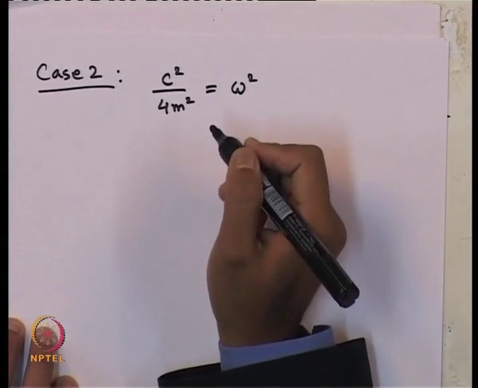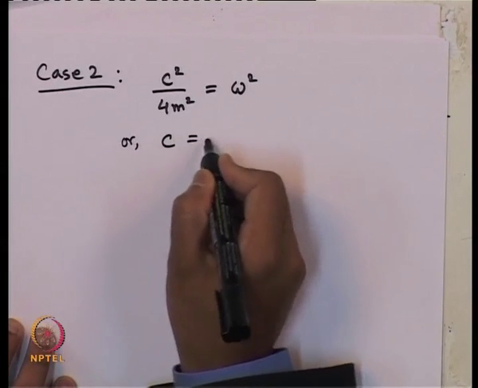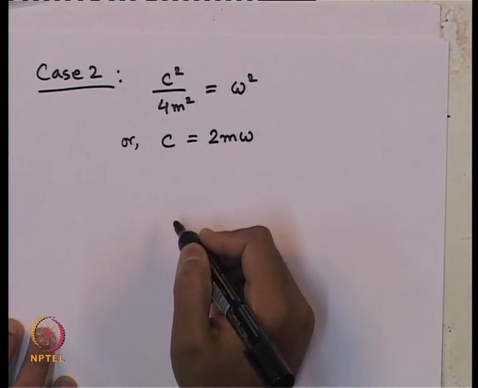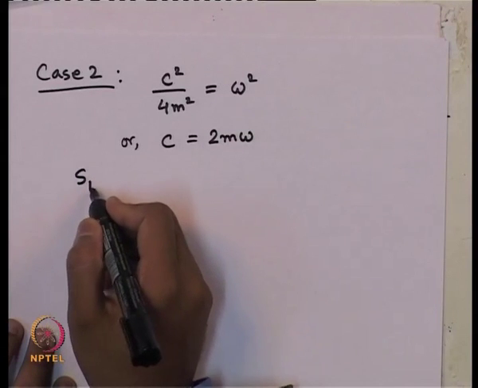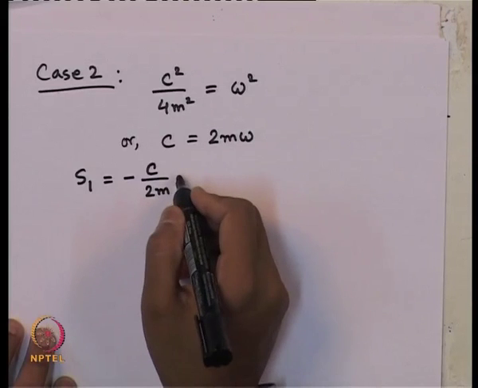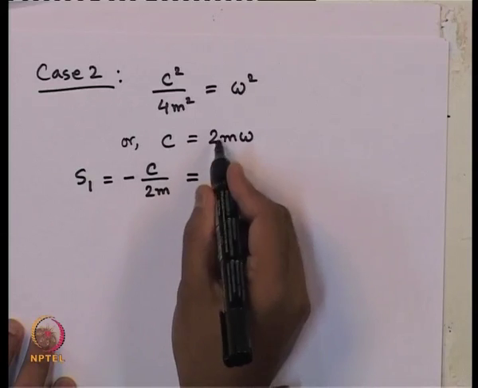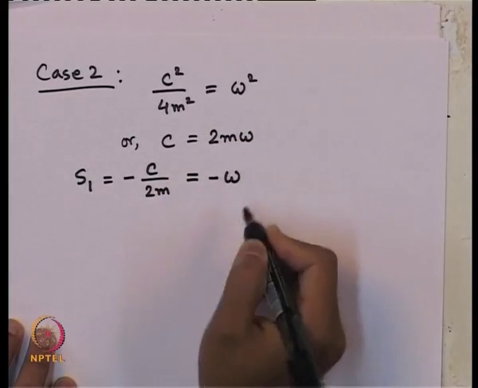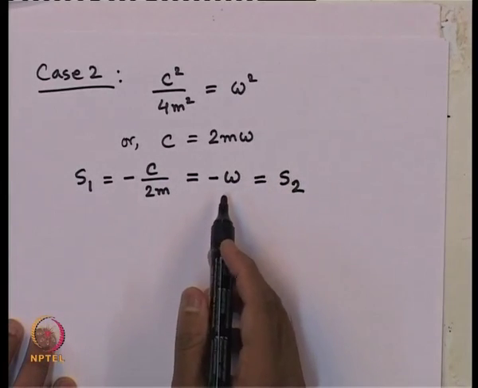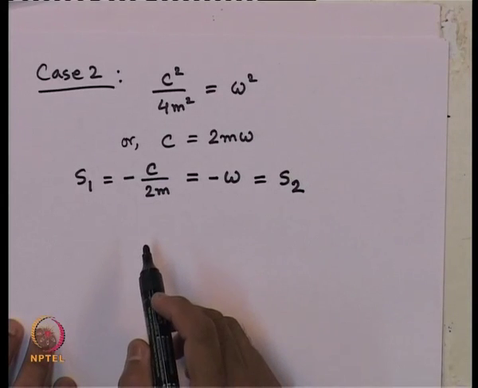So, that under root term is 0, which gives us c equals 2 m omega, and the root s1 equals minus c by 2m, which, if we use this relation, equals minus omega. This equals s2, a real value root, and both the roots are the same.